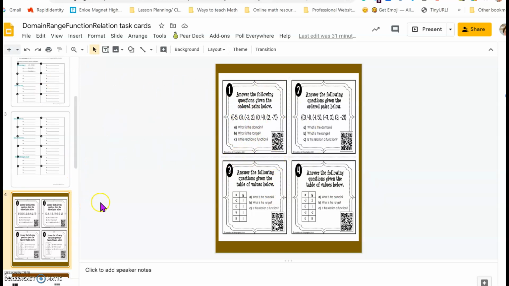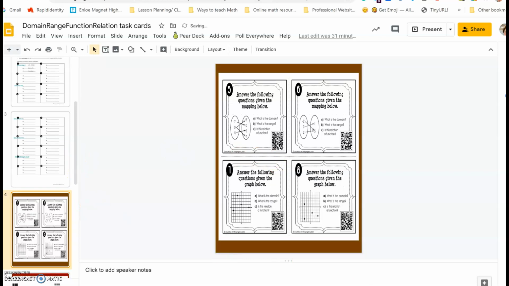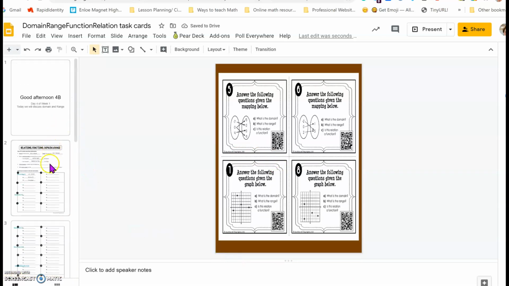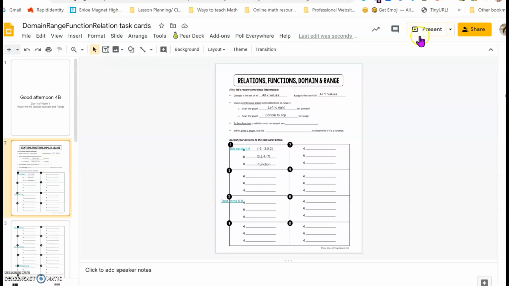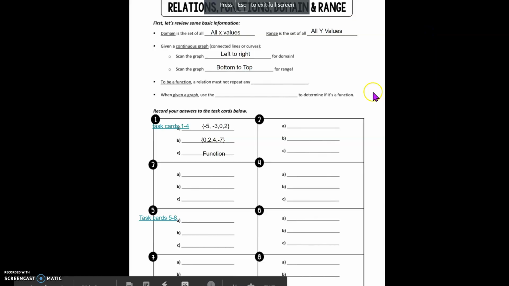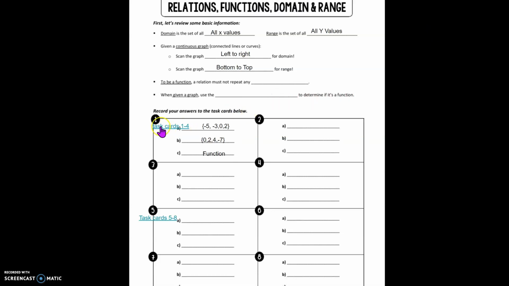And then if you just hit, oops, backspace won't take me where I want it. If it's in present mode, let's do that. Now whenever I hit the task cards, alright, now it's not working. Alrighty, just kidding.